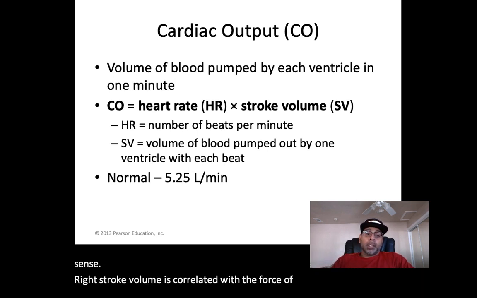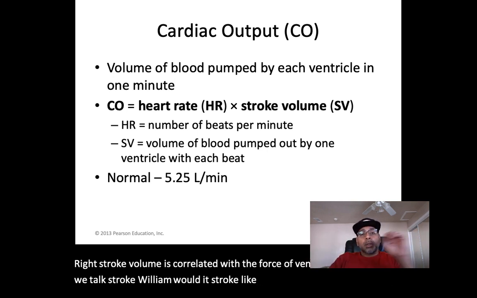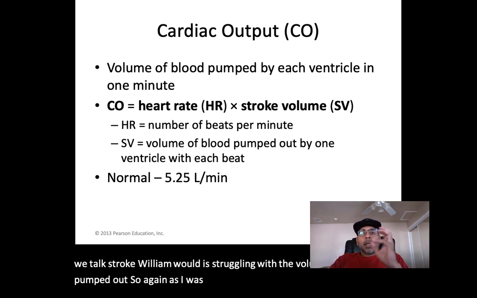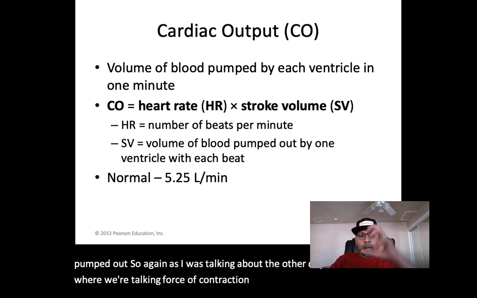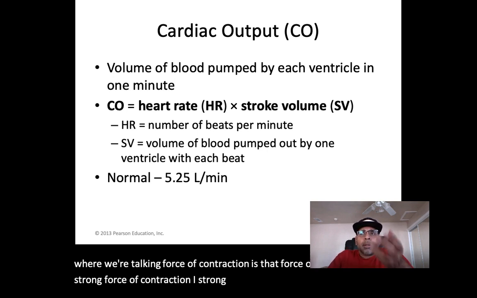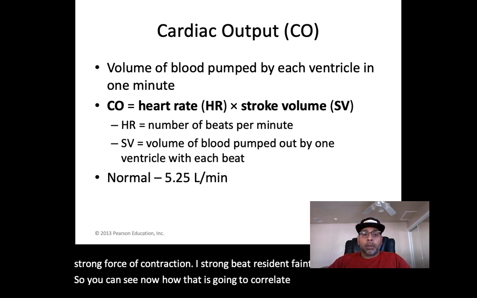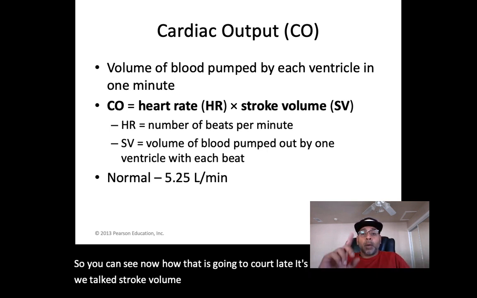What is stroke volume? It's the volume of blood that's pumped out. So again, as I was talking about the other day in the other lab, where we're talking force of contraction, is it a nice strong force of contraction, a nice strong beat, or is it a faint beat? You can see how that correlates. It's the volume of blood pumped out by one ventricle with each beat.